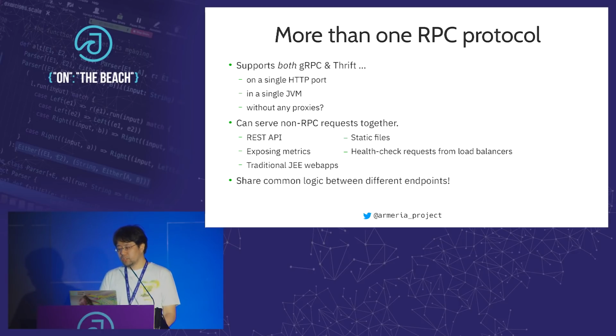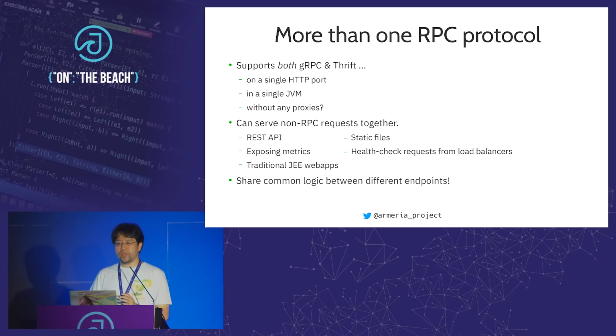So imagine you have both gRPC and RESTful endpoints for the same business logic. You can share a lot of common business logic and only write some additional code that's different from each other for gRPC and RESTful API. So you can share a lot.